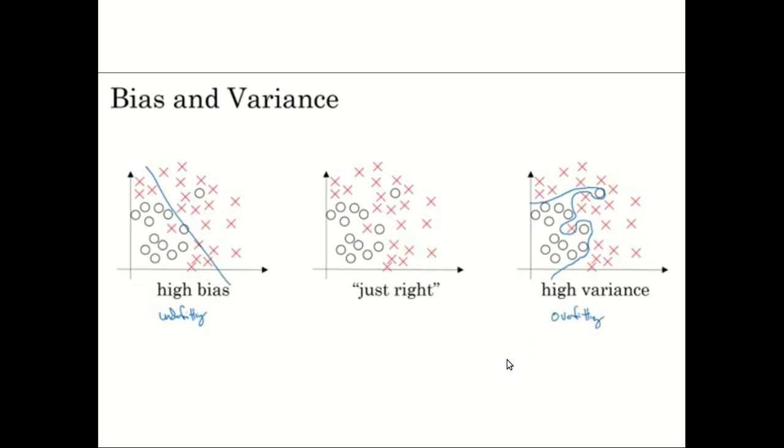Now let's talk about high variance. If you plot training sets and your decision boundary is too complex, then if you put more training data into it, your model is not going to do very well, because the decision boundary is too complex to fit the new data properly.